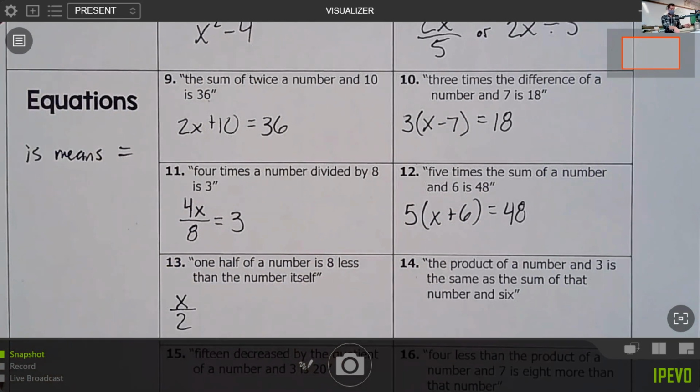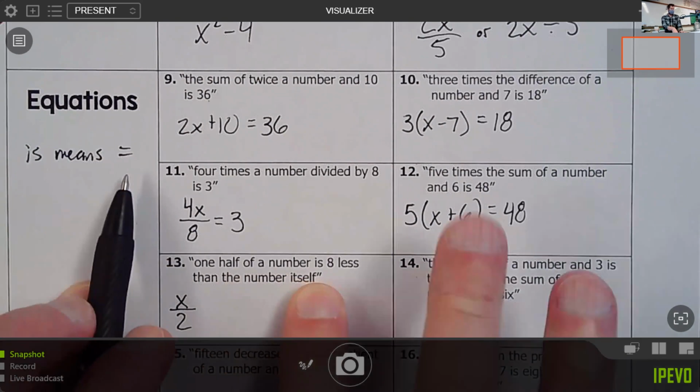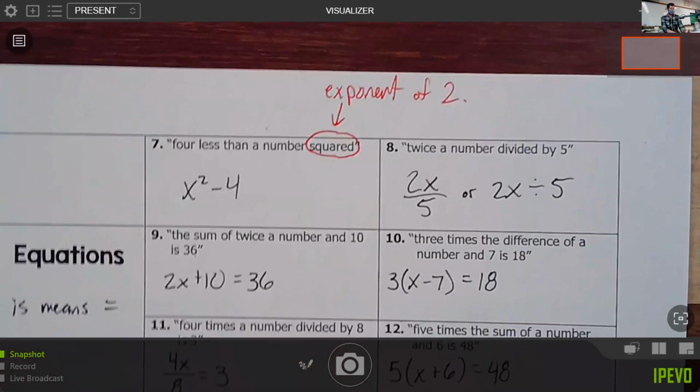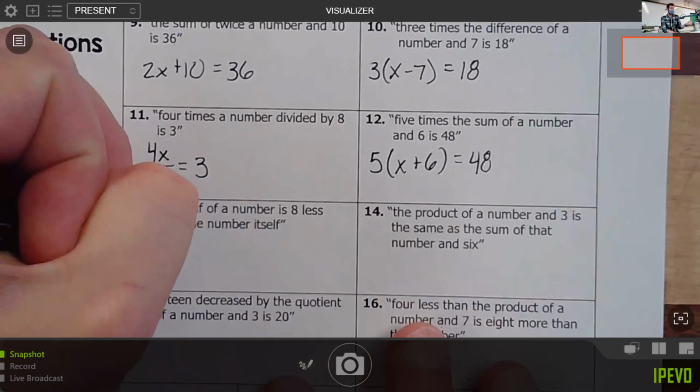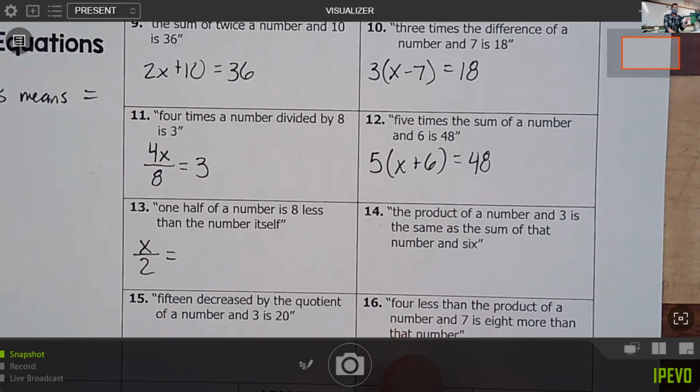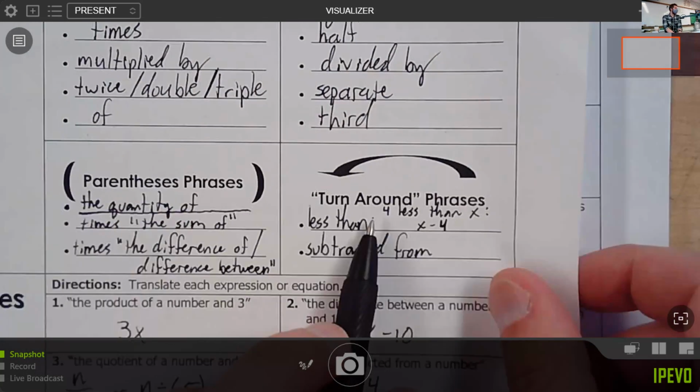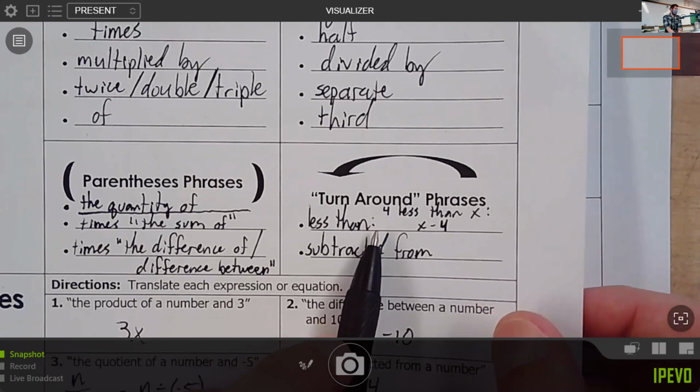Is means what? 1/2 of a number is means what? Is means equals. So x divided by 2 equals 8 less than. Less than means subtraction, but what kind of subtraction? The turnaround phrase with the subtraction for less than.